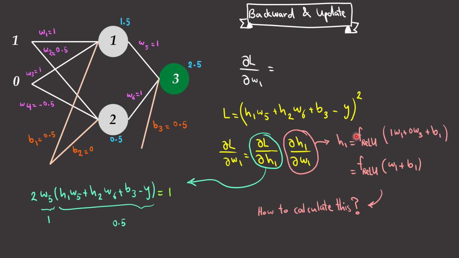So H1 is a function of W1 plus B1. As a matter of fact, W1 is not directly in this expression. It is inside another function, and that function is the ReLU function. So because W1 is inside the ReLU function, once again, we should use the chain rule.